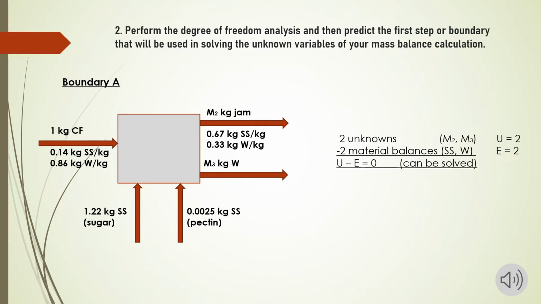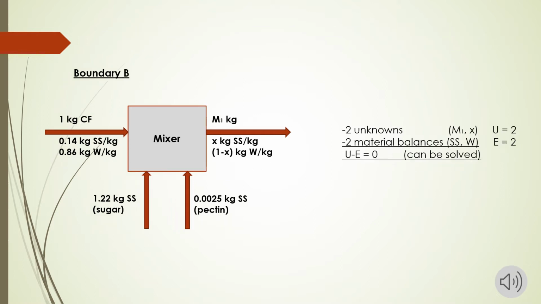Therefore, it can be solved. For boundary B, we have 3 inputs and 1 output. The unknowns are M1, mass of resultant mixture from mixer, and X, mass fraction of resultant mixture from mixer, while the material balances are SS and W. For DOF, subtract the unknowns and number of species, 2 minus 2, then we have 0, which means it can be solved.